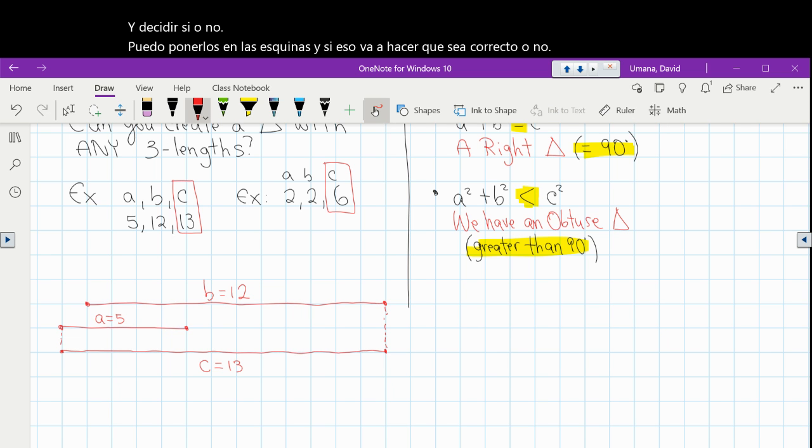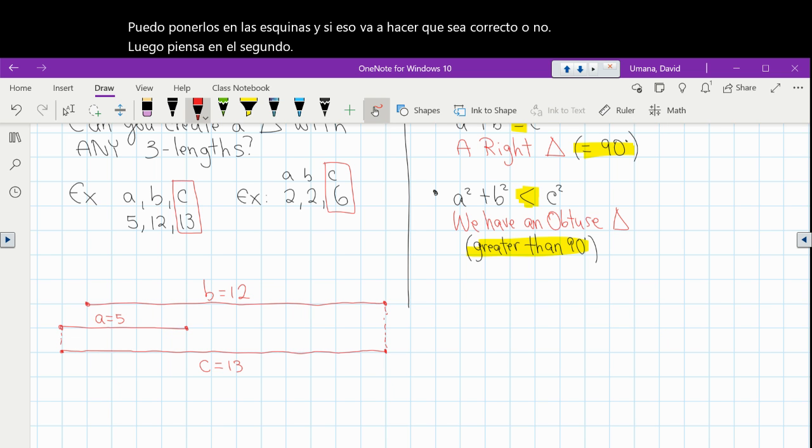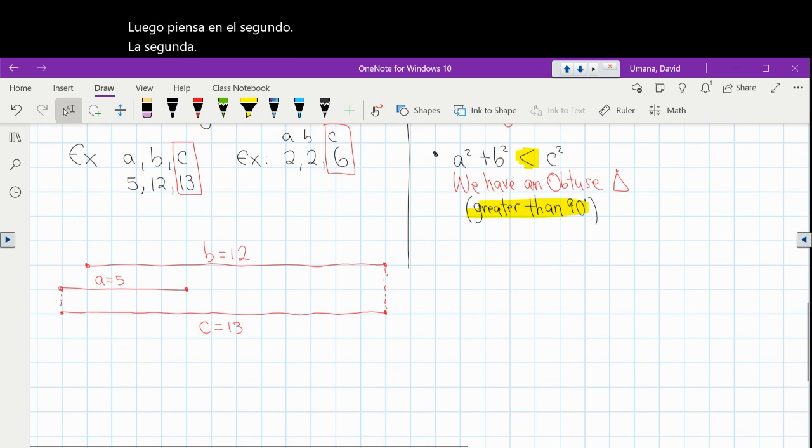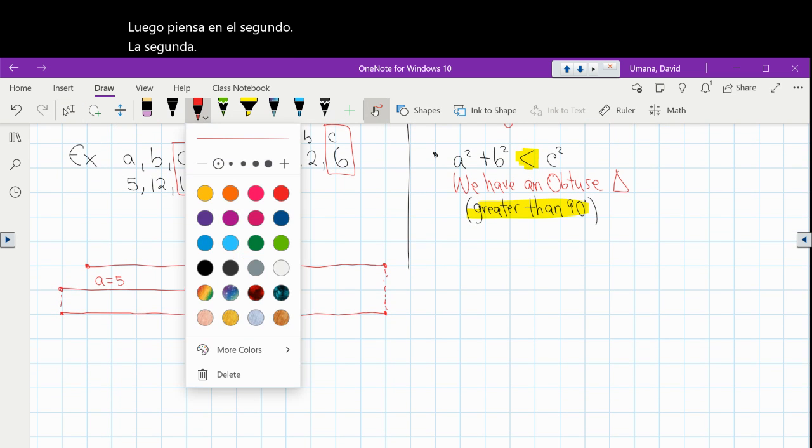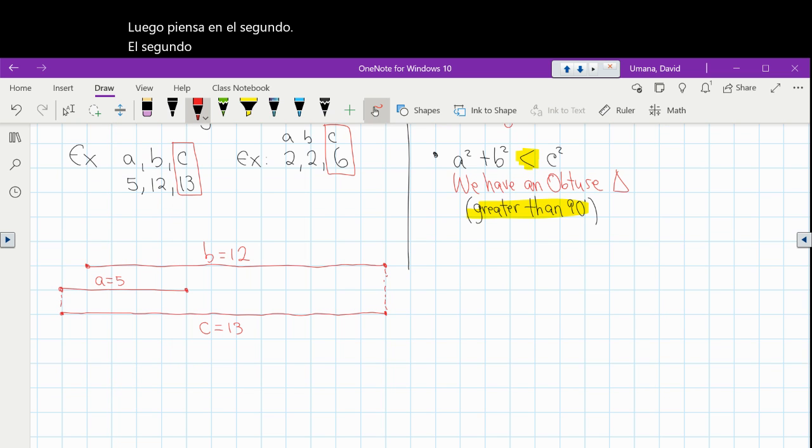Then think about the second one. The second one basically says this. C is 6. So I'm going to put it here, 1, 2, 3, 4, 5, 6. C equals 6.